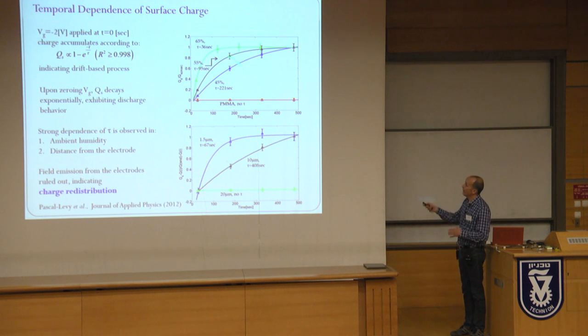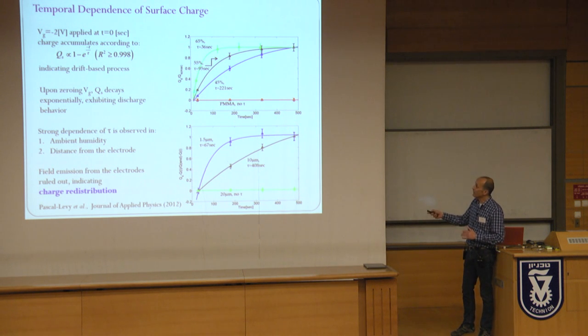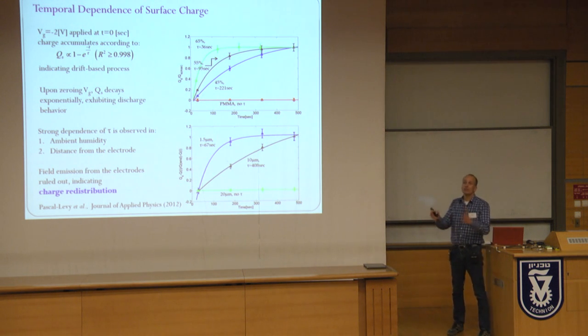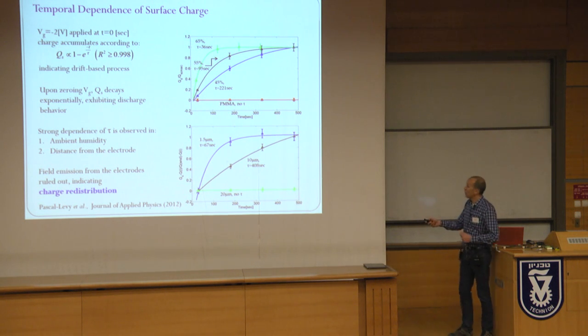Then you can study the time dependence. What you do is exactly these pulses and see what happens at different times. So you just study how the charge, if there is some charge, decays. The idea is the following: there is some charge, and this charge can move on the surface, and if it moves, we should be able to monitor this charge or this movement.